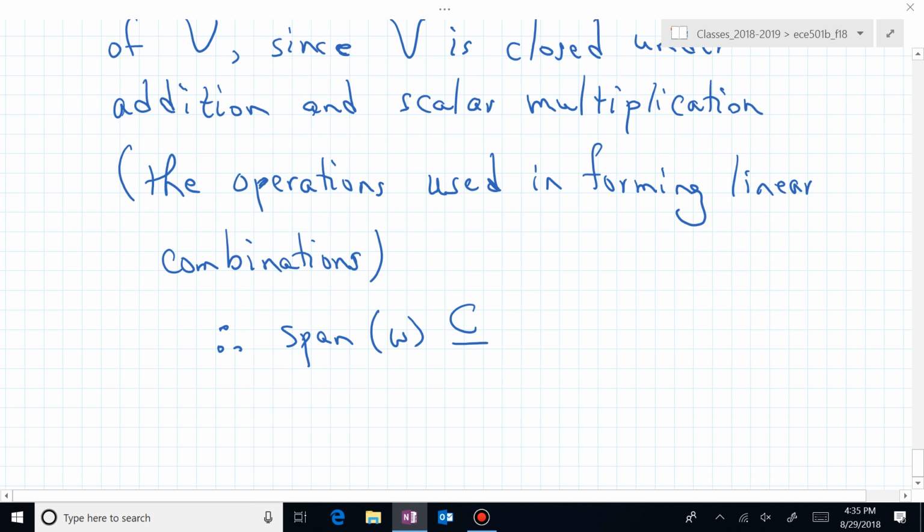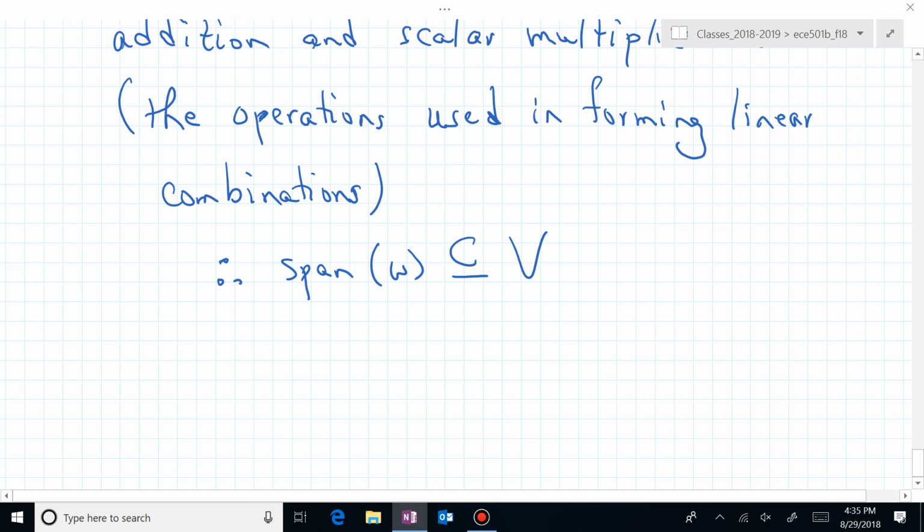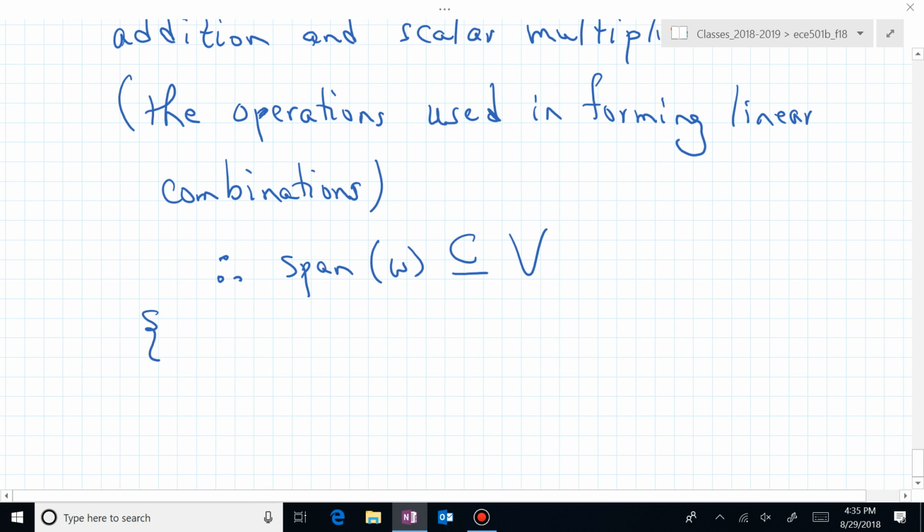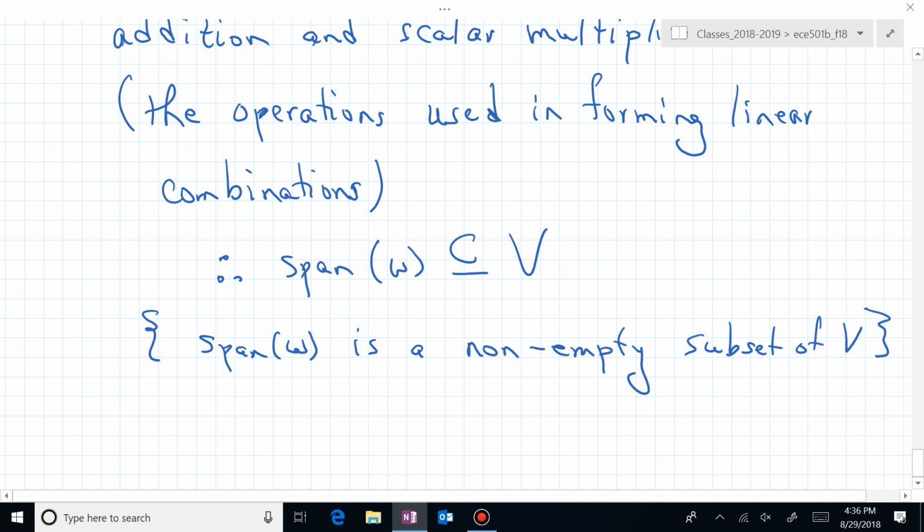So the span is in fact a subset of V, and it's actually non-empty since it's a list of n. Span of W is a non-empty subset of V.